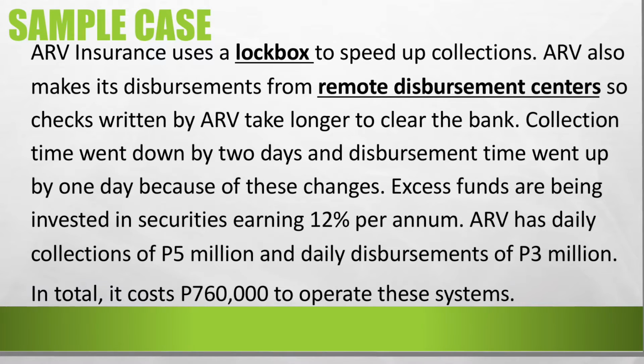Excess funds are being invested in securities, earning 12% per annum. ARV has daily collections of 5 million pesos and daily disbursements of 3 million pesos. In total, it costs 760,000 pesos to operate these systems.